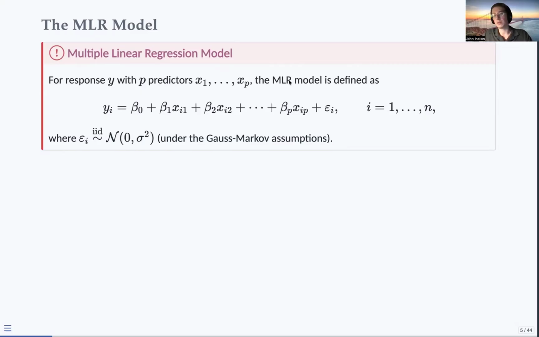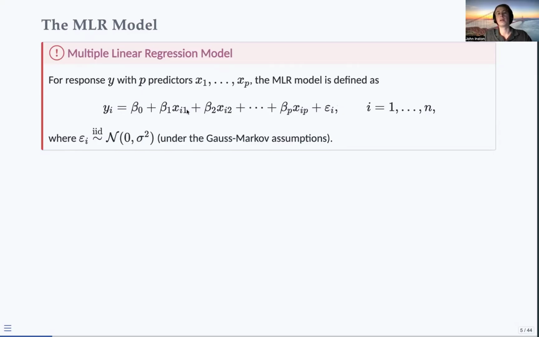The multiple linear regression model is defined as the response, where now we have to be careful because we are introducing the observation index i. The beta indexing is for the different predictors. Each predictor has a predictor index, given by 1, 2, up to P, and then i throughout all of the different model terms.